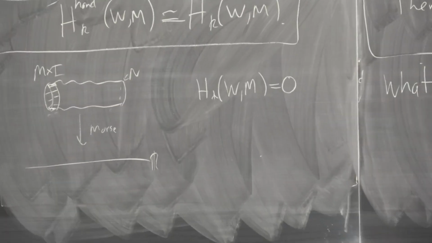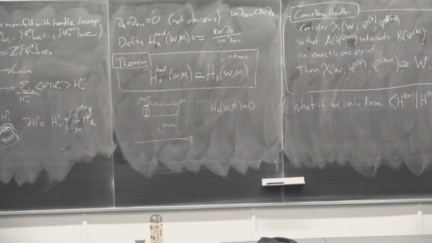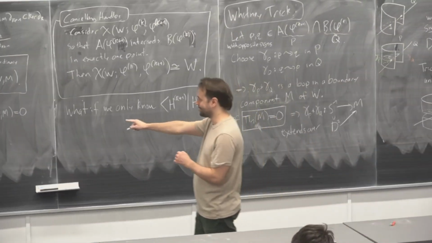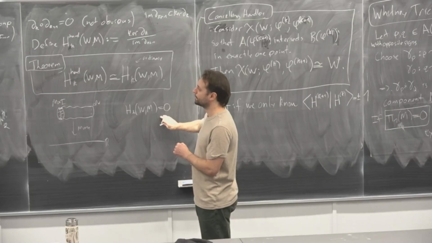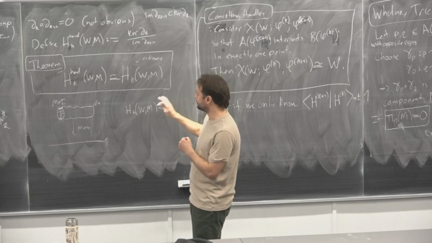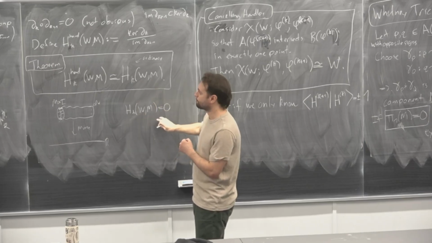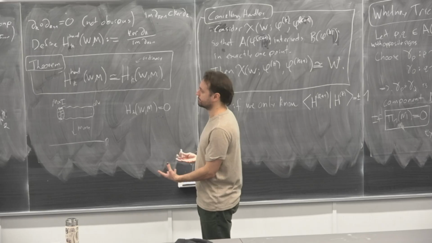Actually, we didn't need simple connectivity. Simple connectivity makes that infinite. But this is a consequence of it being an h-cobordism. So using this and our handle decomposition, which computes the homology, we know that our handle chain complex is exact.